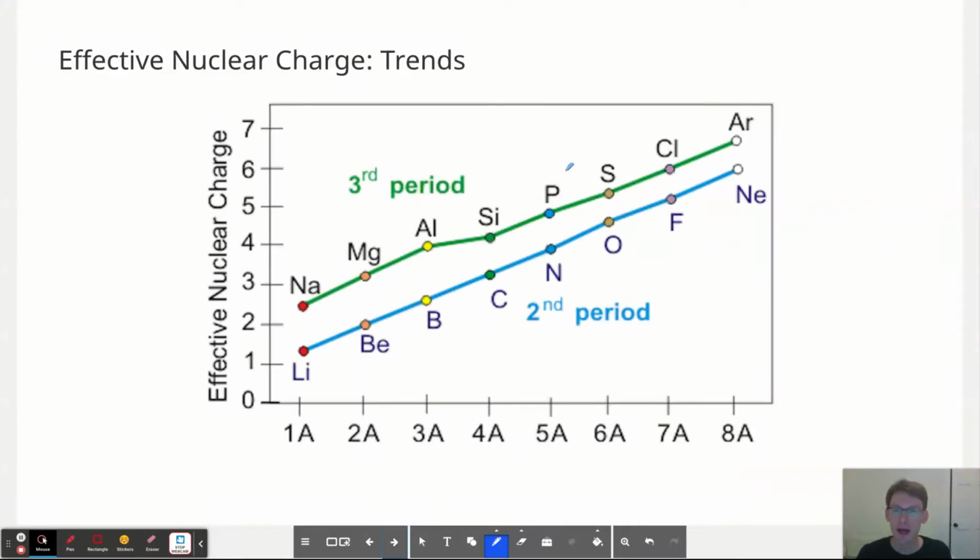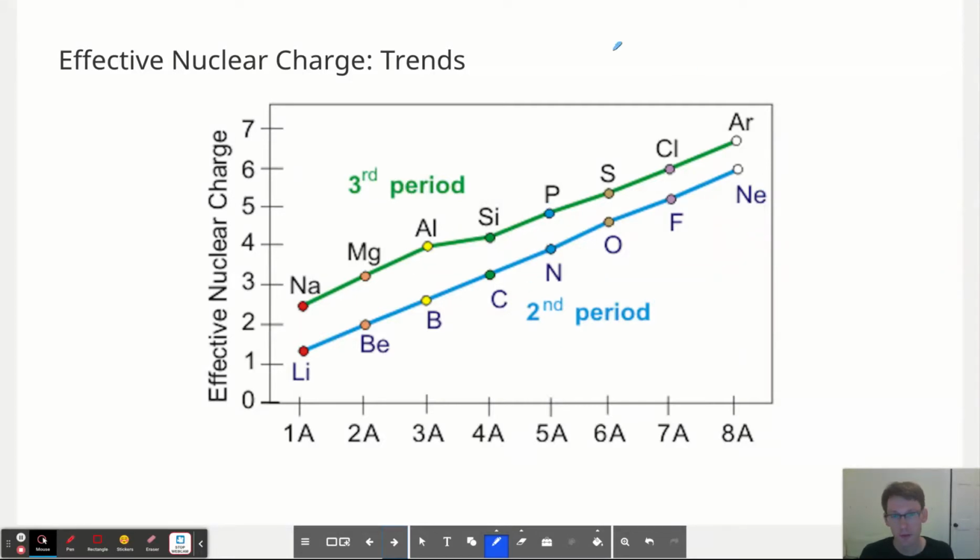So if we look at this chart here, what we find is that as we go across a period, the effective nuclear charge increases. So lithium, beryllium, boron, all the way to neon, they're in the second period, and there's a very consistent linear increase in effective nuclear charge as we go across the second period. Same with the third period.